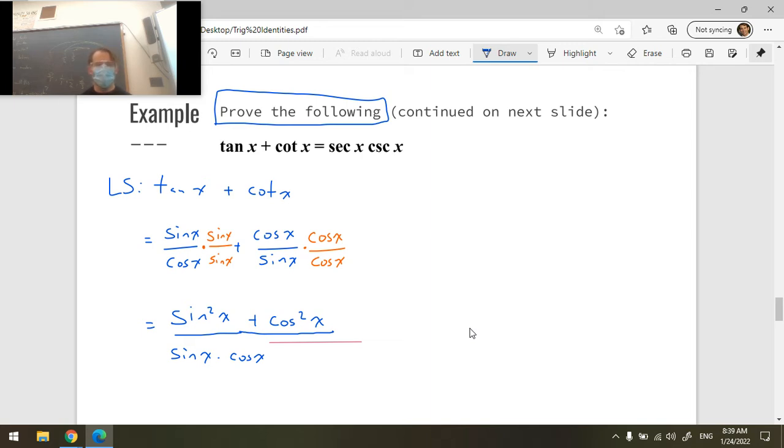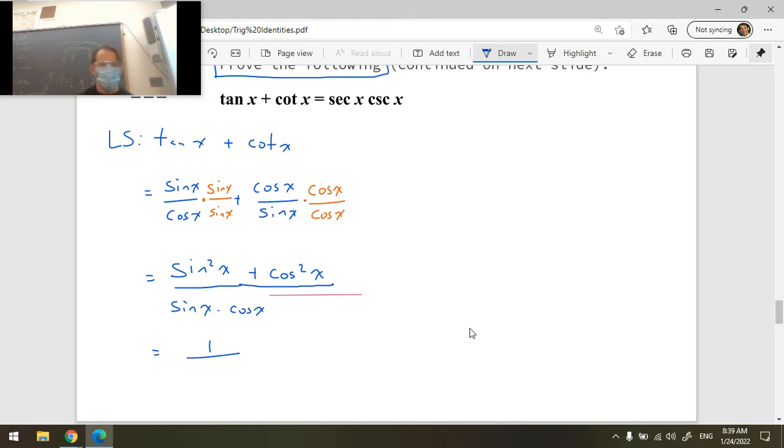Aha! Now I recognize sine squared x plus cosine squared x, that's equal to 1. So let's write that down as 1. So that's equal to 1 divided by sine x times cos x. I don't know how to make that any simpler, so I leave it there.